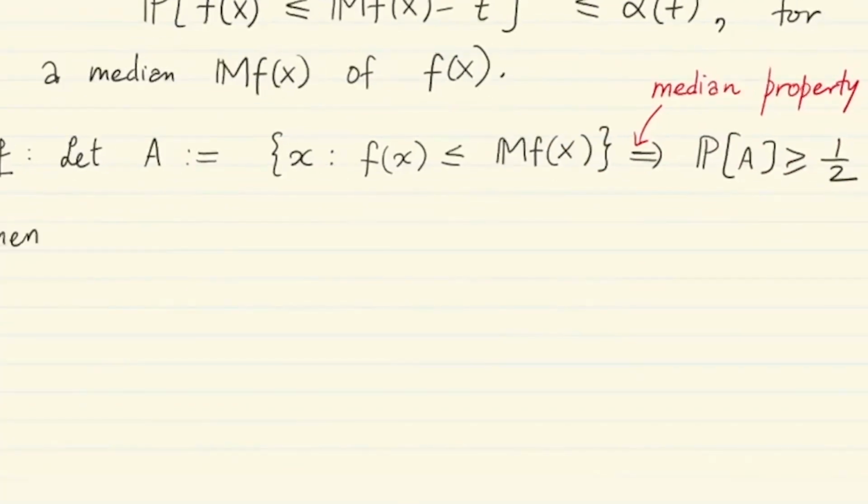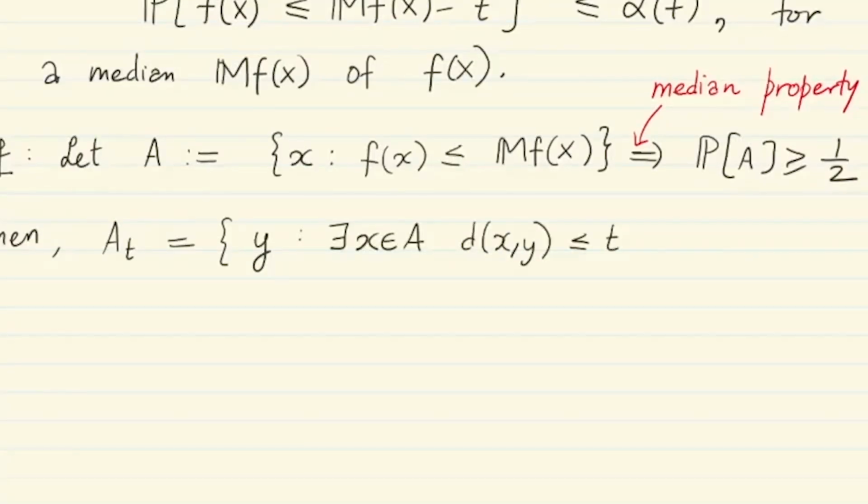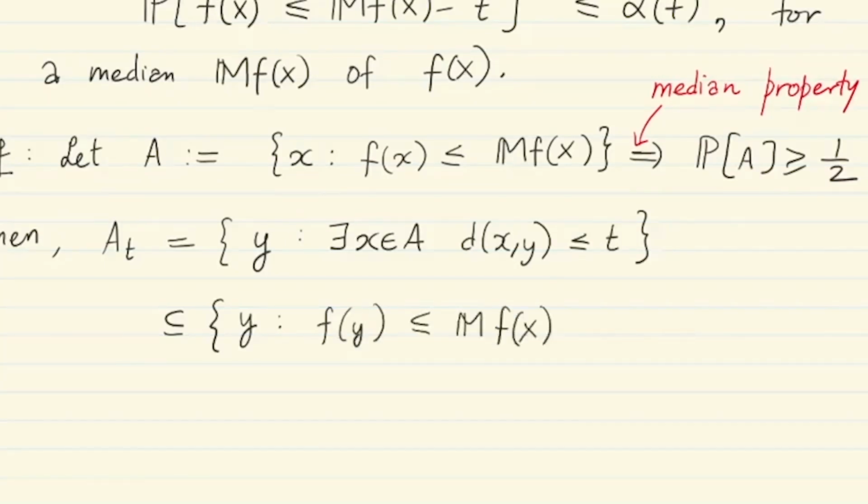And then we have that the t blow up of A, which is defined as the set of all y's in the space for which there exists an x in A with d of x, y at most t, is a subset of all points y where f of y is at most M f of x plus t. Why is this?